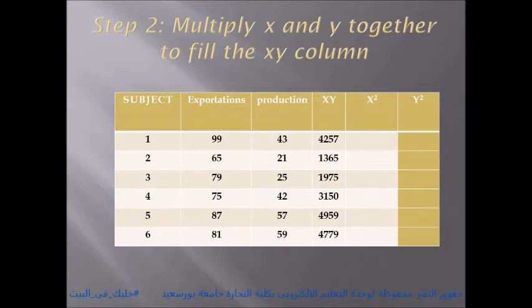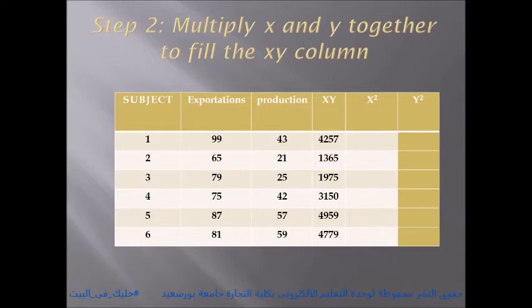Subject 2, 65 multiplied by 21 equals 1,365. Number 3, 79 multiplied by 25 equals 1,925.